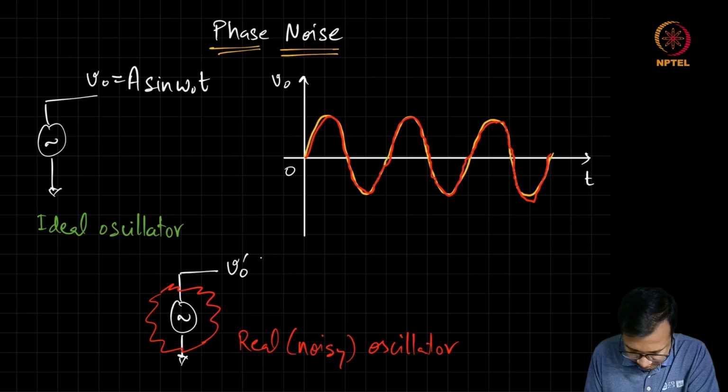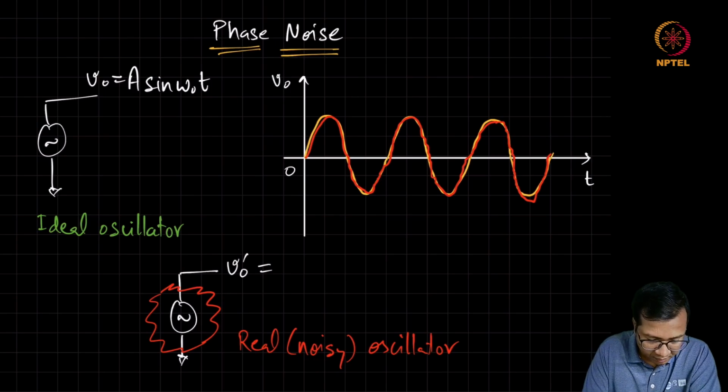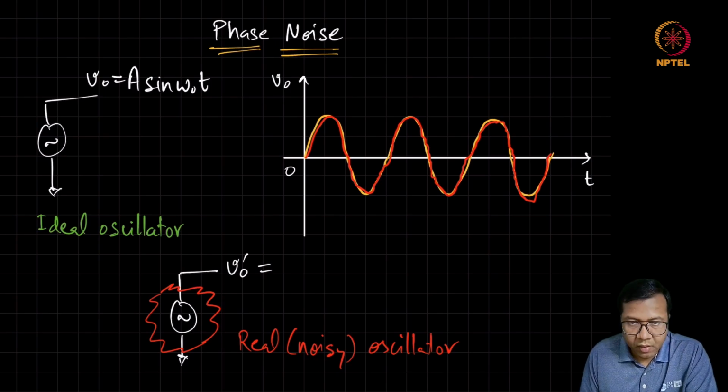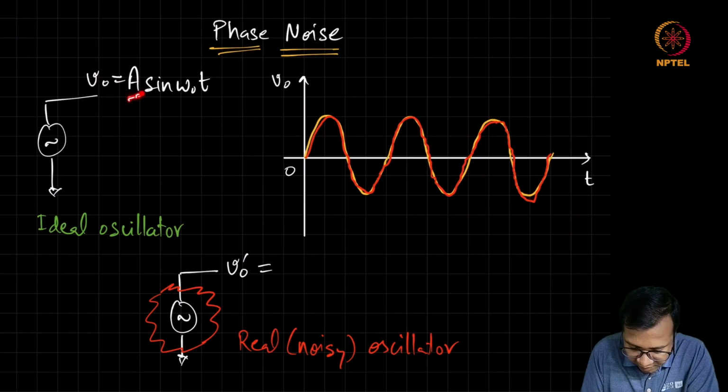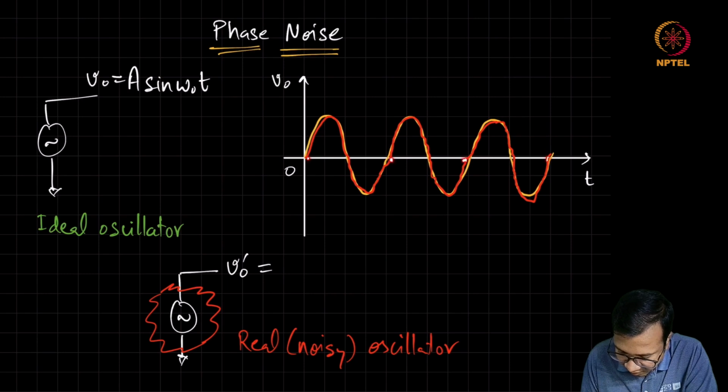And we can write this output waveform, which is supposed to be periodic, but has been corrupted because of the noise in a real oscillator. One way to capture this effect is by saying that the amplitude of this sine wave is getting perturbed because of this noise. In addition to that, the period of this oscillator also looks not the same as what we had got in the case of an ideal oscillator.